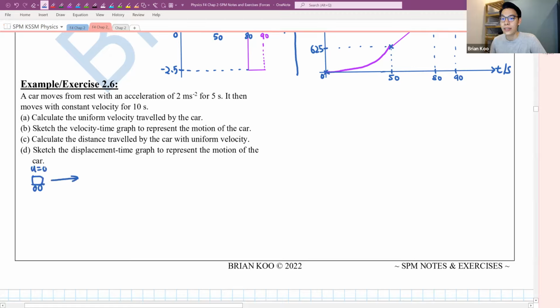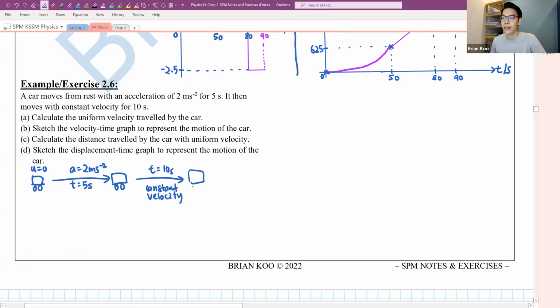From rest, and then acceleration is 2 meters per second squared, travel for 5 seconds. It then moves with a constant velocity. Then from here, it's going to move with a constant velocity for 10 seconds.